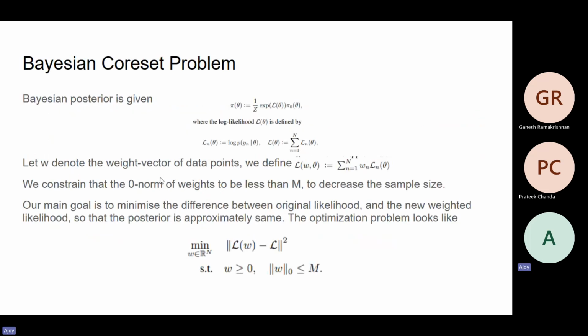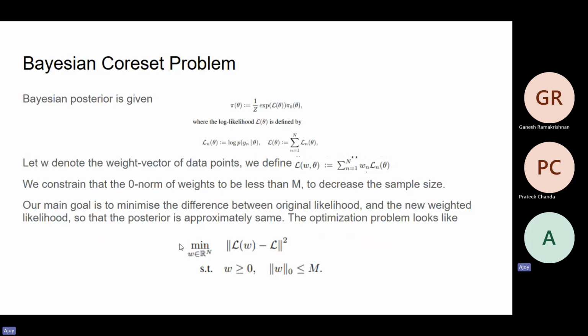So the Bayesian core set problem here we have. Initially the Bayesian posterior equation is given where ln is the log likelihood of a data set and L theta is the summation of the log likelihoods, and next we associate weights with each log likelihood.